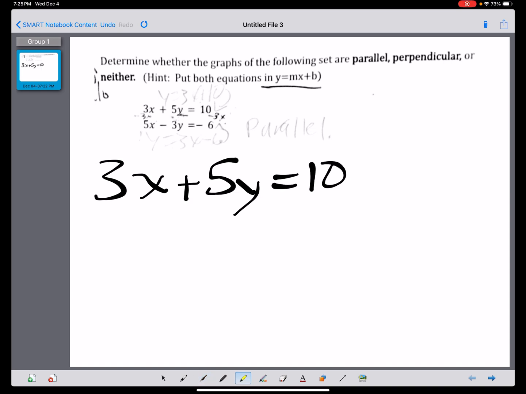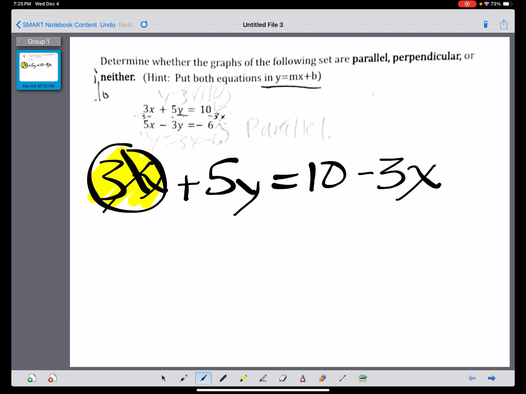First thing we'll do is move this 3x over, and we'll do that by subtracting the 3x on the other side, in effect eliminating 3x on the left. And so now the equation looks like 5y equals negative 3x plus 10.